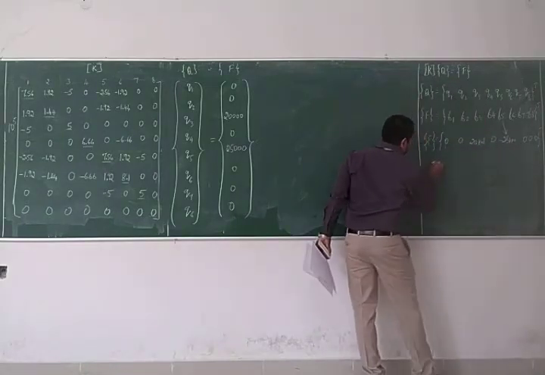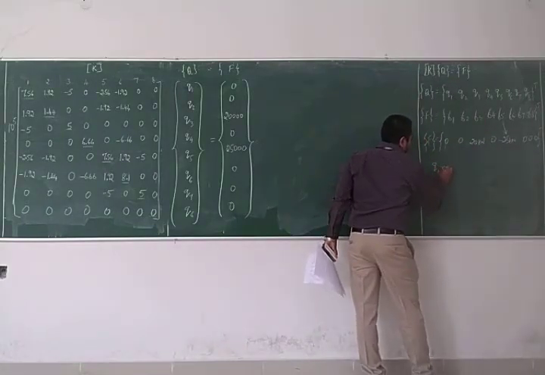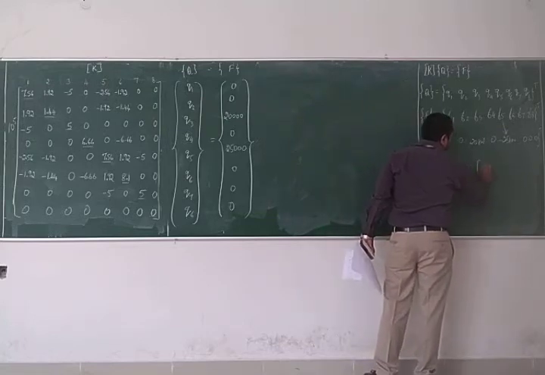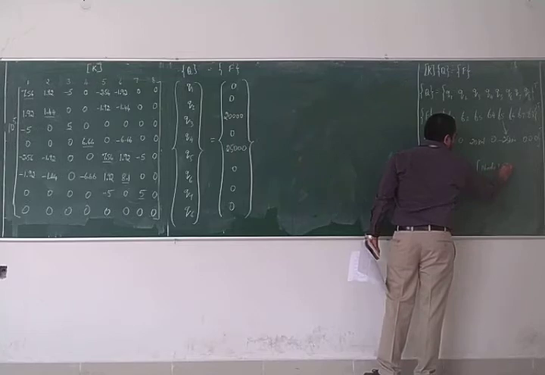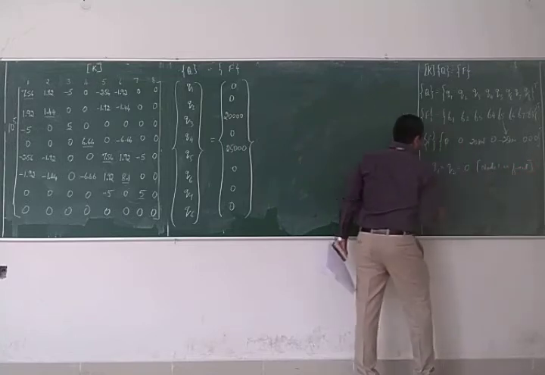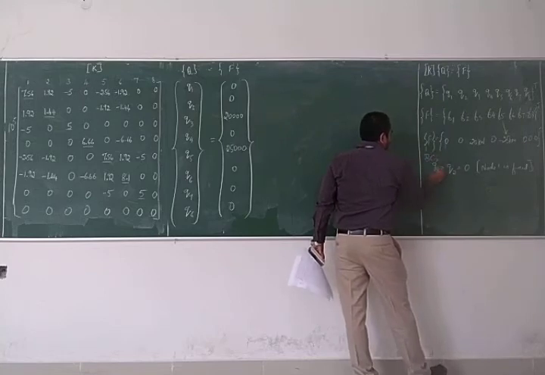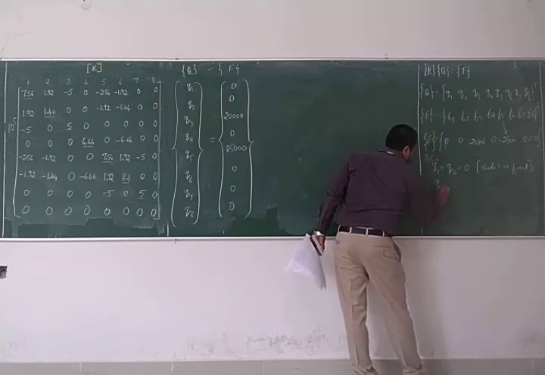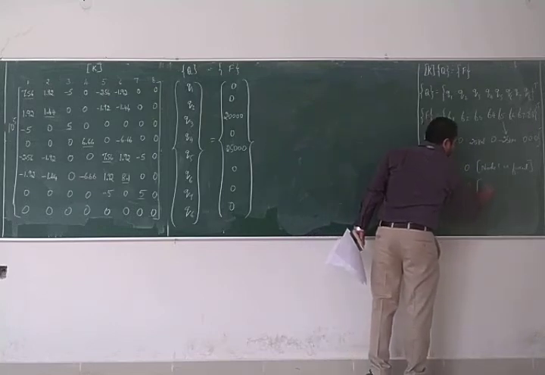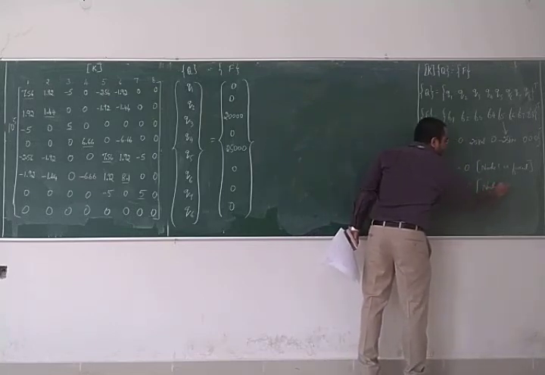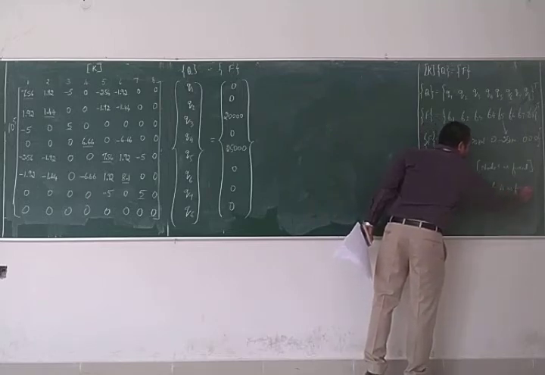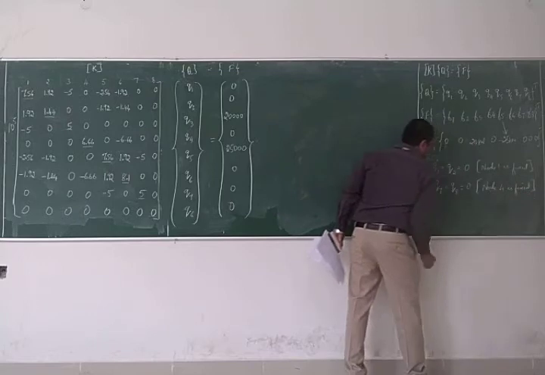Boundary conditions are Q1 equals Q2 equals 0, because node 1 is fixed. Similarly, Q7 equals Q8 equals 0 because node 4 is fixed.